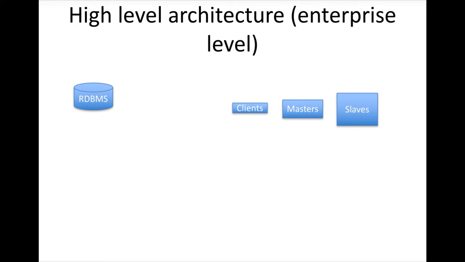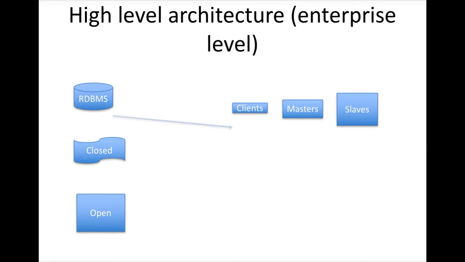And then we will have several RDBMSs. We will have several sources from where data will be sourced. They can be RDBMS systems, they can be mainframe servers, they can be web logs or any other open systems. All these will be sources into our cluster, but they will be channelized through clients.